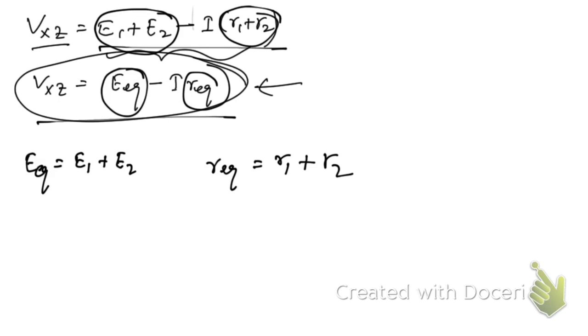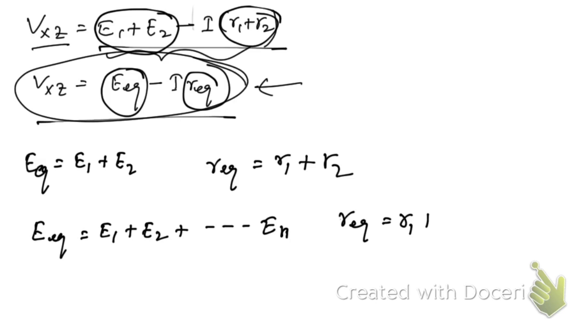Here we had taken only two cells. For n number of cells, E equivalent will be E1 plus E2 plus dot dot dot En, and similarly R equivalent will be R1 plus R2 plus dot dot dot up to Rn.